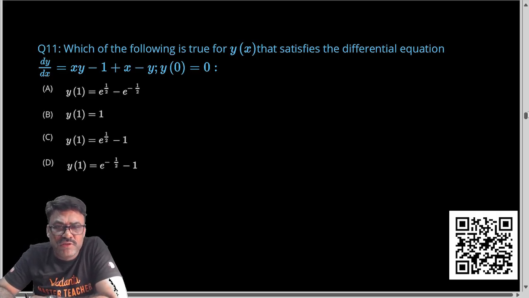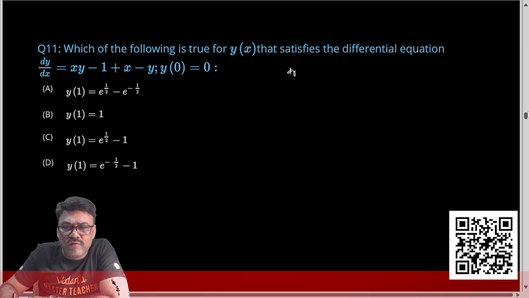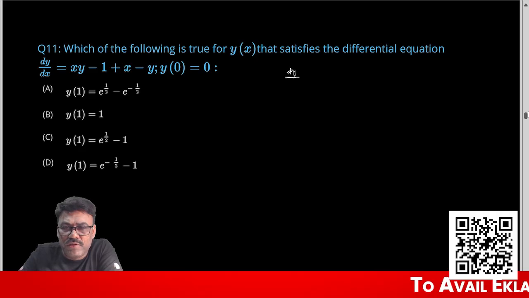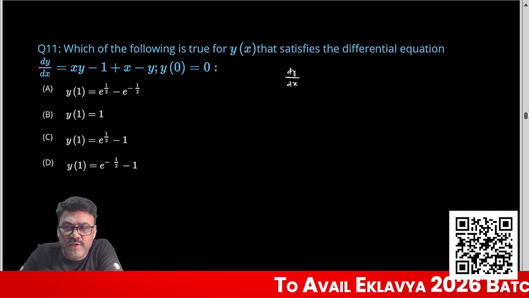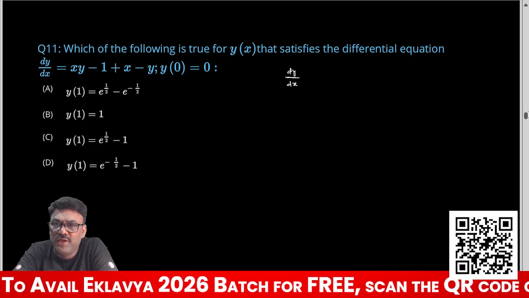This differential equation can be solved by using variable separable, means you can separate the two variables, or it can be solved by using linear differential equation also. It's your choice. So I'm solving by linear differential equation because the variable separable method is already given in your PDF. If you check your solution in text form, you will find the variable separable method used there.